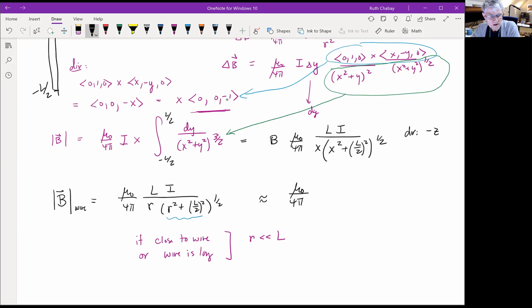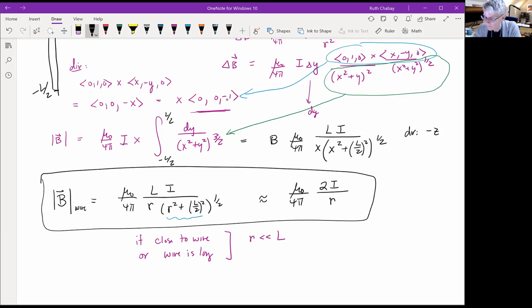That turns out to be, if we actually work that out, 2I divided by R. And so we see that if L is greater than the distance from the wire, if you're close to the wire, it's a long wire, it looks like we get a 1/R distance dependence.